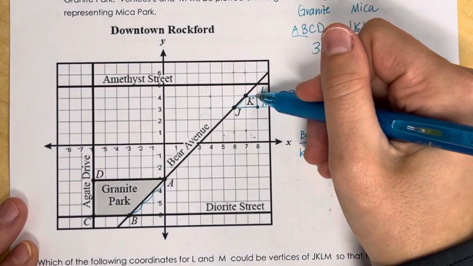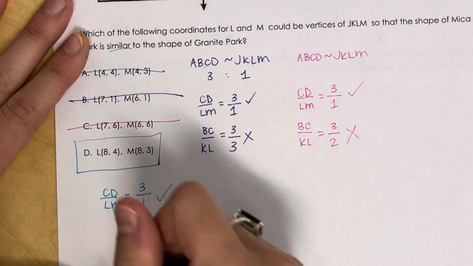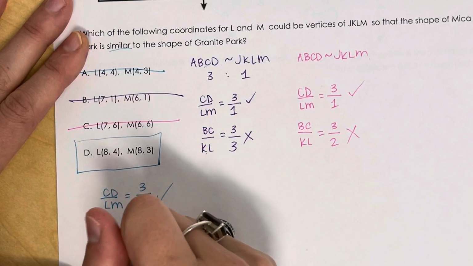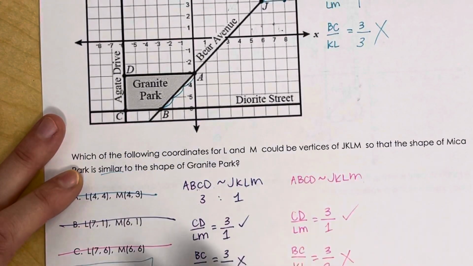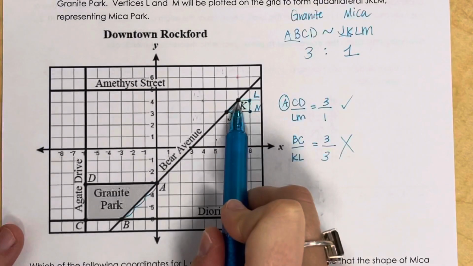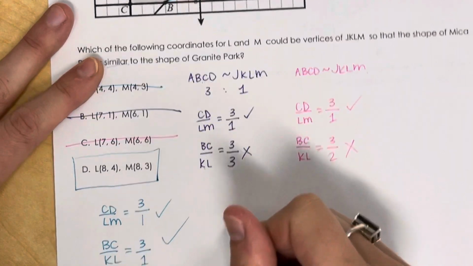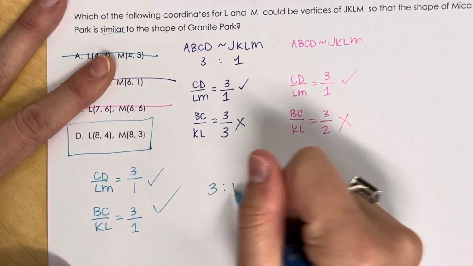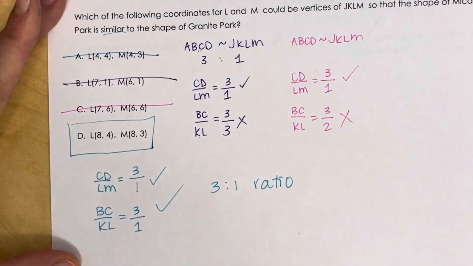LM is 1. So that one works. And then the last one is BC and KL, are they the same as well? So BC hasn't changed, it's still 3. KL is just 1. So this problem has a ratio of 3 to 1. So because all those points are a 3-to-1 ratio, my final answer is letter D.